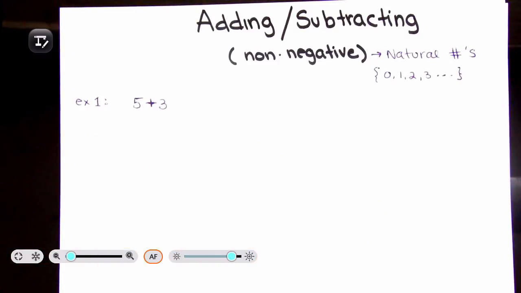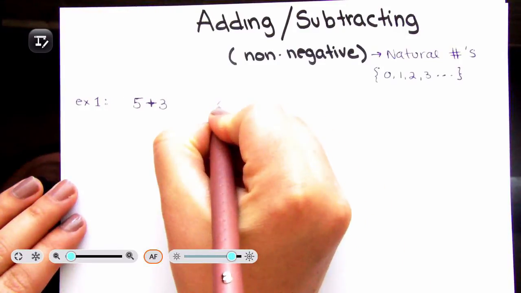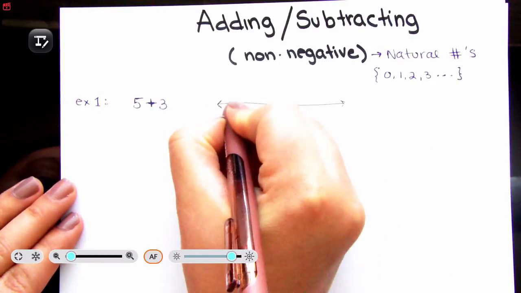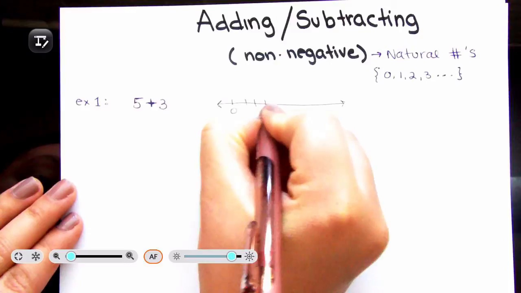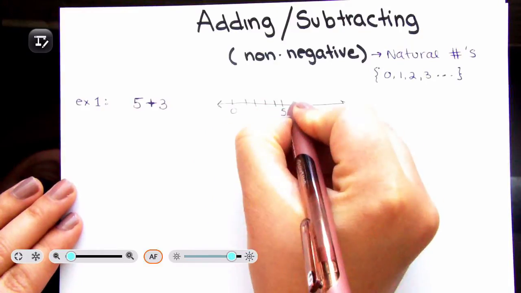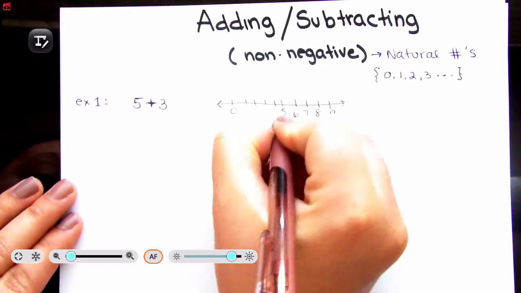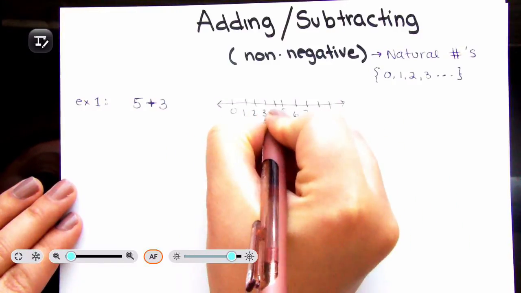We're doing a plus. There are multiple ways of how you were taught this. One of the ways would be a number line. So let's do a number line here. Here's 0, 1, 2, 3, 4, 5, 6, 7, 8, 9. So here's 1, 2, 3, 4, 5, 6, 7, 8, 9.